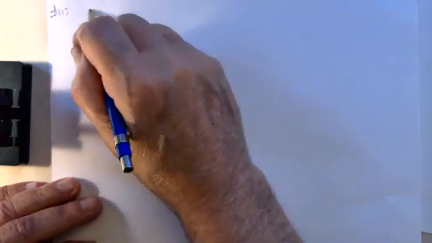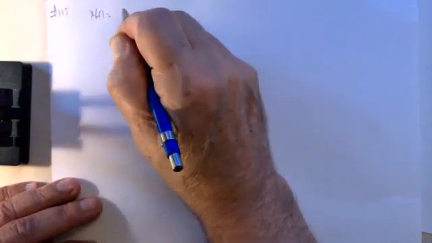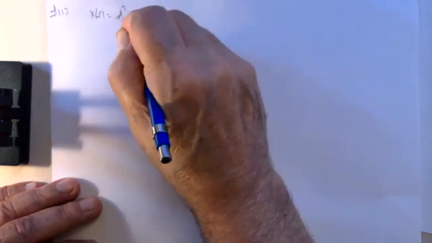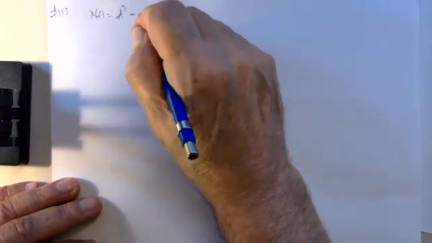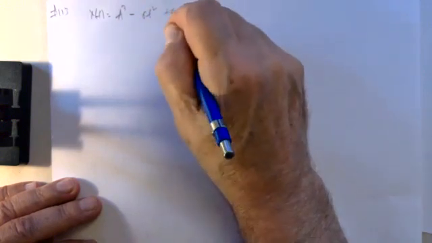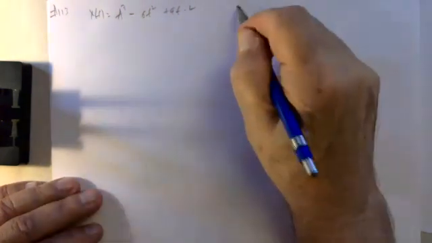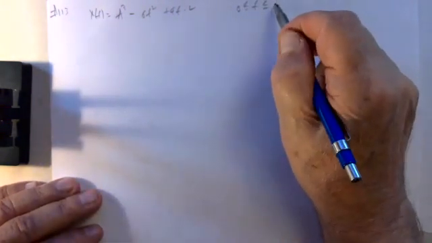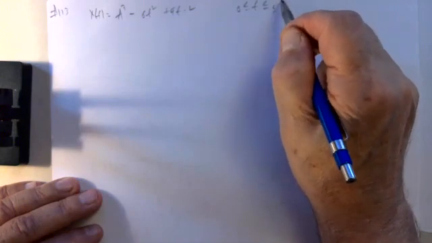The position of the particle at time t, x of t, is t cubed minus 6t squared plus 9t minus 2, for t between 0 and 5. Find the total distance traveled.